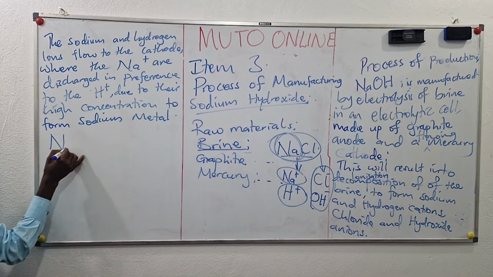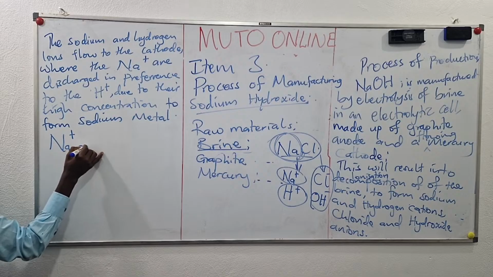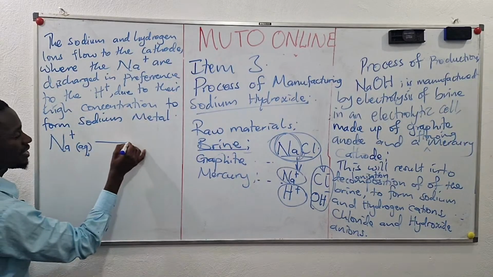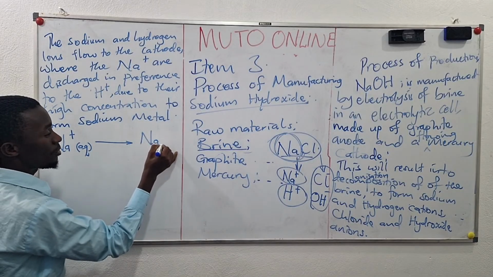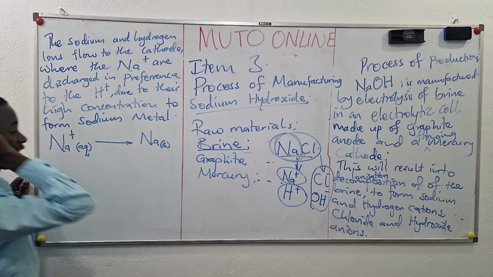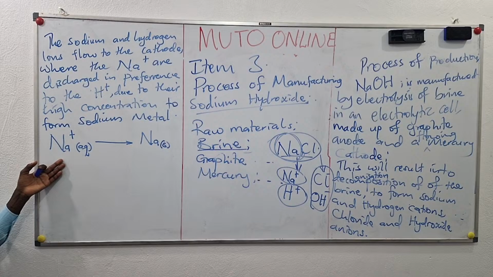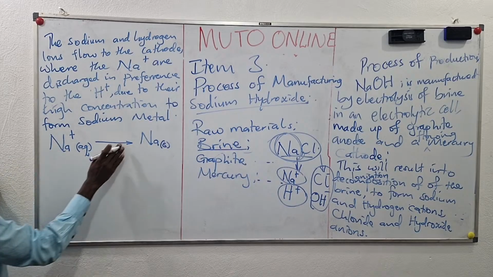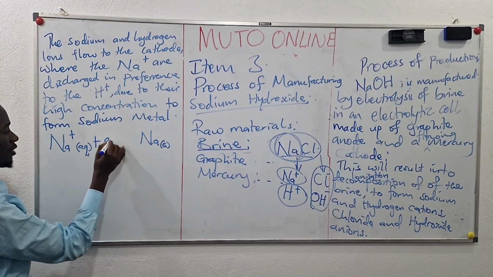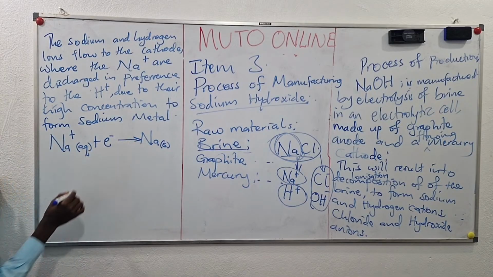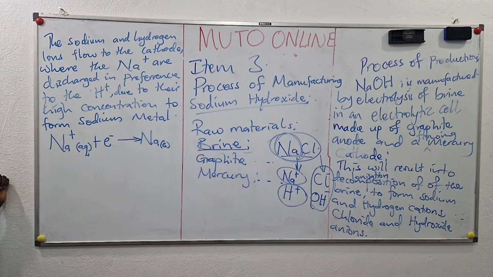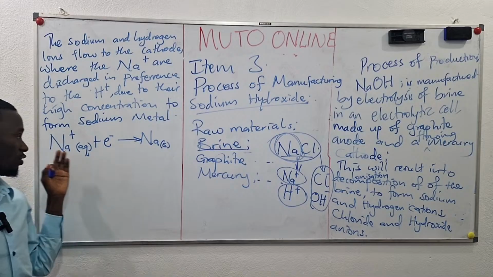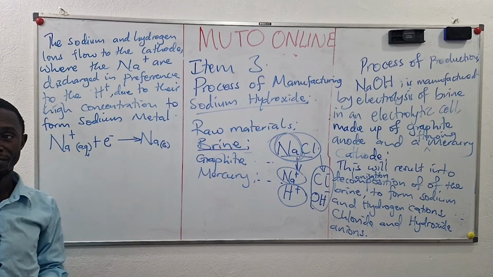The sodium ions at the cathode will be discharged to form sodium metal, and this, members, will only happen if the sodium ion gains electrons, meaning that this is reduction. So the sodium ions will be reduced to sodium metal.